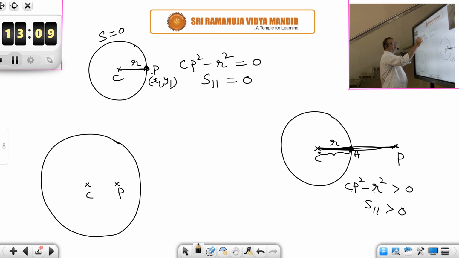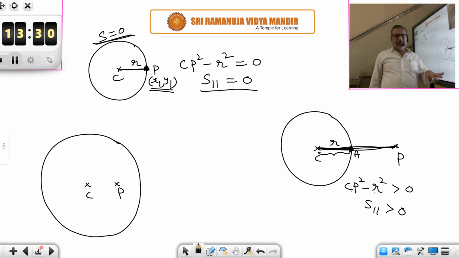If the point P is on the circle, then it will satisfy the equation of the circle, is it not? That means if you completely substitute the point x1, y1 in the equation of the circle, it will satisfy the equation. That means S11 will be 0. So for any point on the circle, its power with respect to the circle is 0. For a point outside the circle, power is positive. For a point on the circle, power is 0.